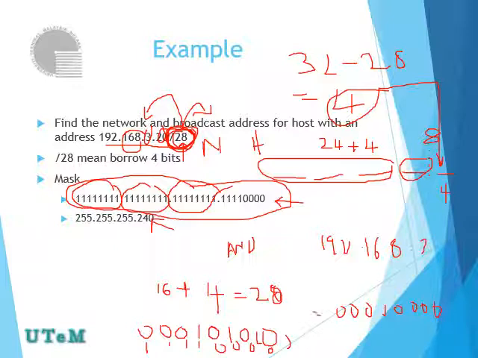So this is the answer, or if you write it in decimal, the answer is 16. So this is the network address: 192.168.3.16/28. That is the network address.